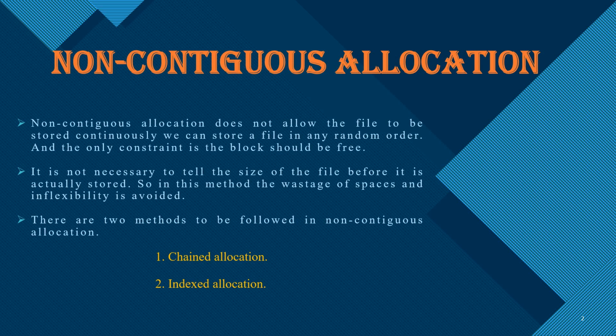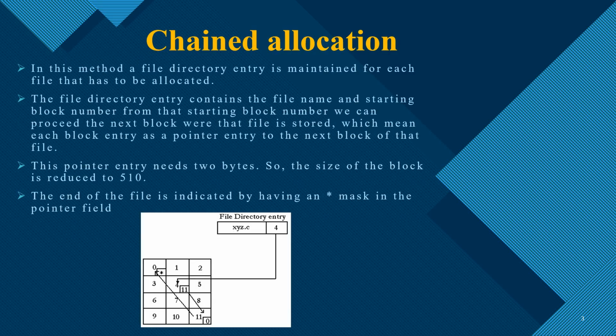In the non-contiguous allocation method, two methods are followed. One is chained allocation and the other is indexed allocation. In the chained allocation method, a file directory entry is maintained for each file that has to be allocated. It contains the file name and the starting block number.